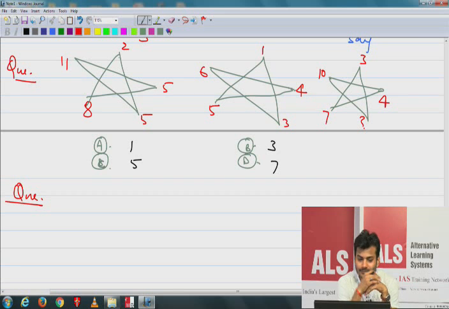So in favor of 5, option C, please raise your hands. Okay, nobody is for C. 7, option D, please raise your hands. Nobody. So you're not in favor of any of the options.